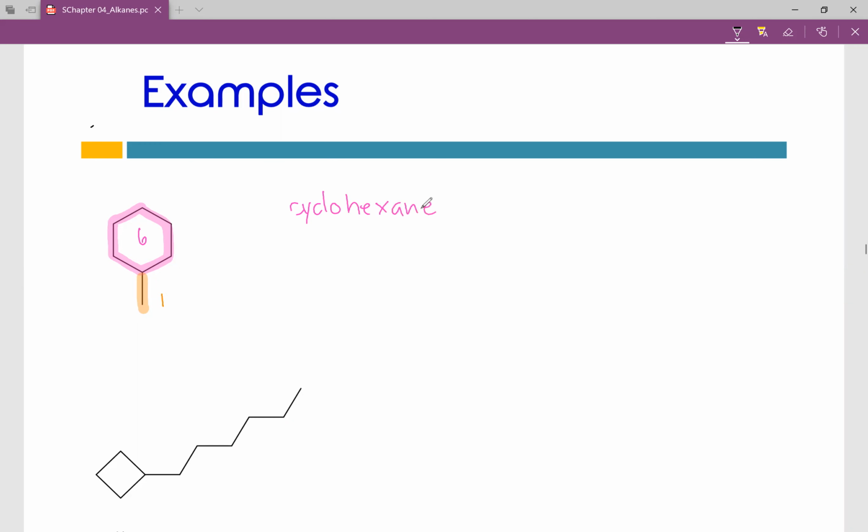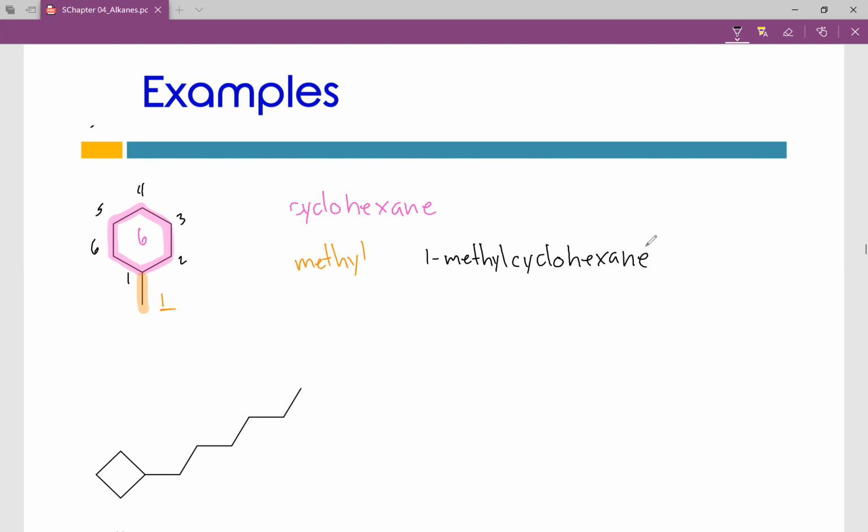Since this guy has 1 carbon in its substituent group, it's going to be a methyl group. And if we number this guy, 1, 2, 3, 4, 5, 6, we have 1 methyl cyclohexane. All right? And so that's how you would figure out that one.